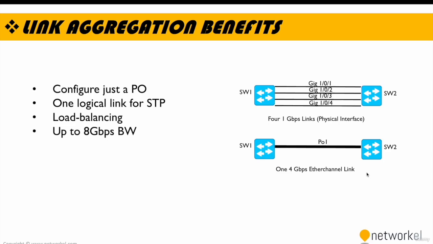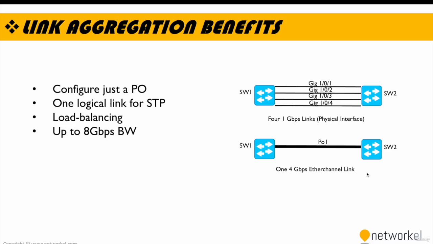You need to configure each and every physical link separately if you are not using an Etherchannel. But with Etherchannel, you can configure only one PO link, port channel link, instead of configuring 4 separate links.